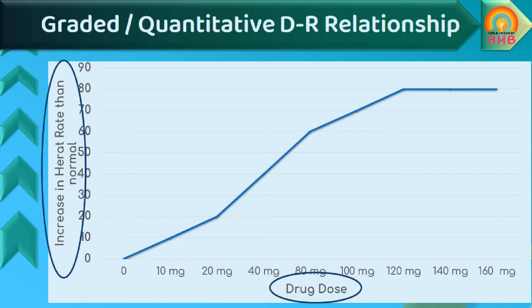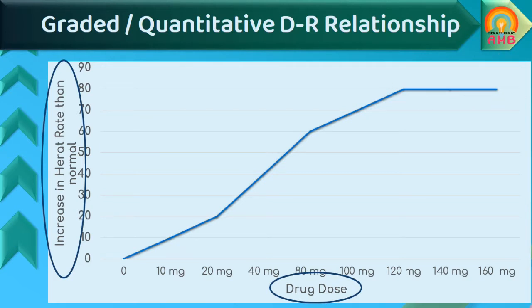We observe that as we increase the dose, heart rate also increases gradually. But after a certain dose of the drug, if we increase the dose further, we cannot get improvement in the response. Response remains the same.